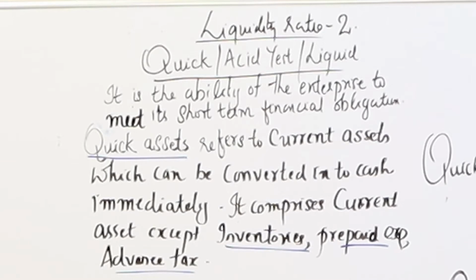They are the most liquid assets. It comprises assets except inventories, prepaid expense and advance tax, which means we have to subtract these items from current asset.